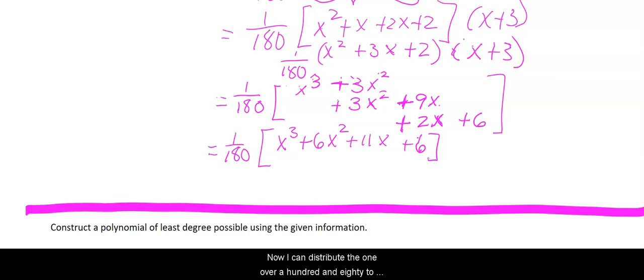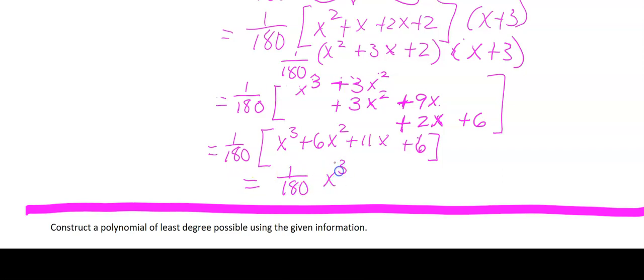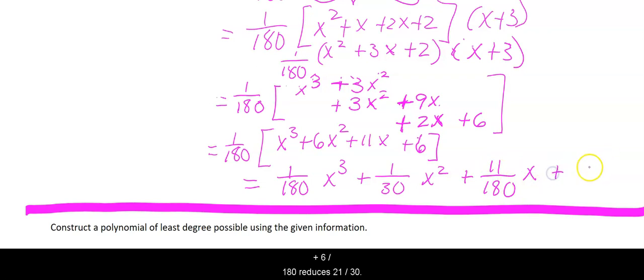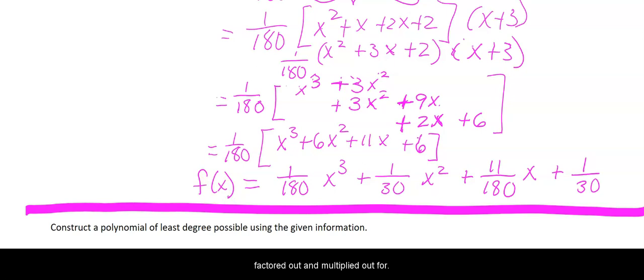Now I can distribute the 1 over 180 to get 1 over 180 x cubed. 6 over 180 reduces to 1 over 30 x squared. 11 over 180 does not reduce, so I will leave it as 11 over 180 times x, plus 6 over 180 reduces to 1 over 30. This is what the function would look like in fully factored out and multiplied out form.